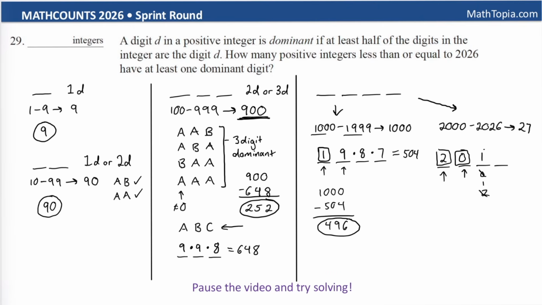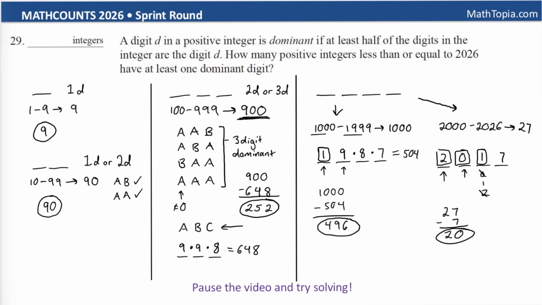So this digit has to be 1, which means the ones digit can be any of the 10 digits except 2, 0, or 1. So there's 7 total options to make a 4-digit integer within this range that is not dominant. So to find the total number of dominant integers, we take our total, which is 27, and then we subtract 7 to get 20 dominant integers between 2000 and 2026 inclusive.